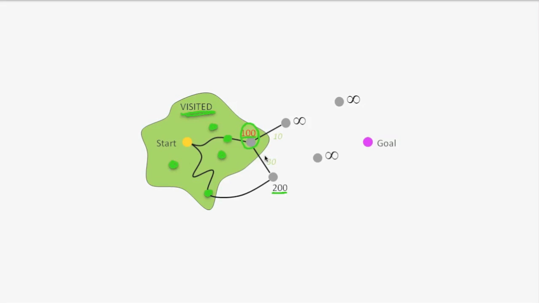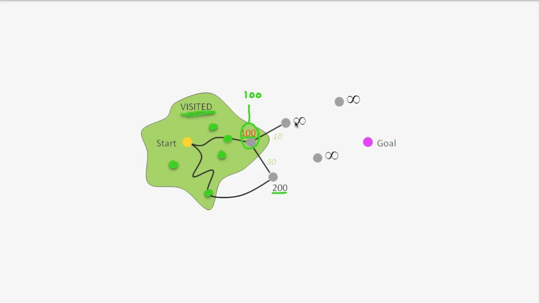Then the following will happen. First of all, we know the final cost of this node is indeed 100. Second, we will have to look at all the neighbors of this node, because it may be the case that we now find nodes that can be reached from our newly enlarged visited set by a direct edge. For example, in this case, the cost of this node is 100 and the cost of the edge is 10.